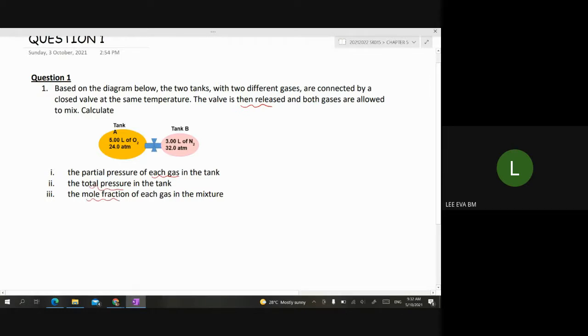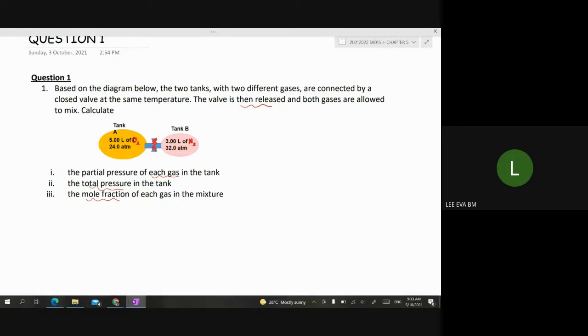Okay. Now, in tank A we have oxygen gas. This is your tank A, oxygen gas, and it has 5 liters. Tank B, you have nitrogen gas, 3 liters over here. After you open the valve in the middle, we open it to let both gases mix.